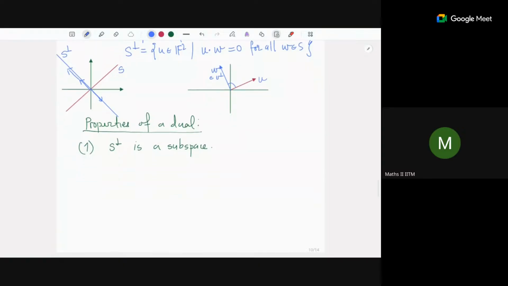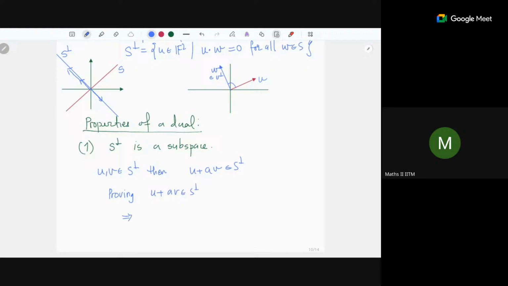You can also check this by using the property of a subspace. For that, you need to say that if U and V are in S perp, then U plus aV is also in S perp. So we need to prove that U plus aV is in S perp.